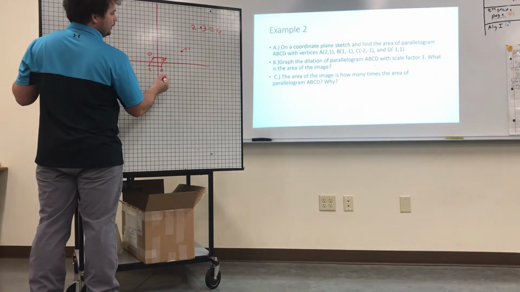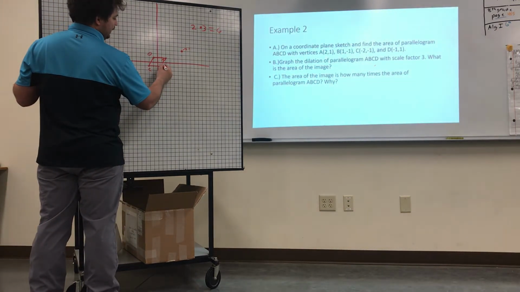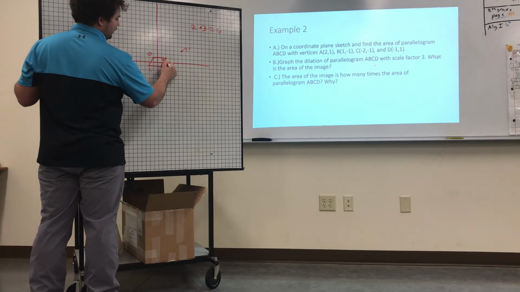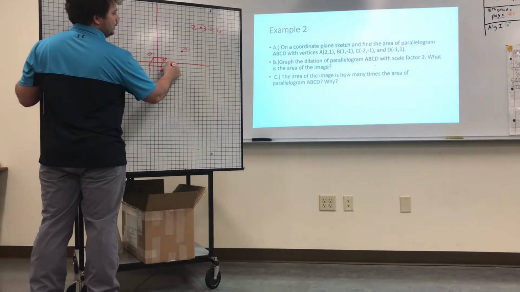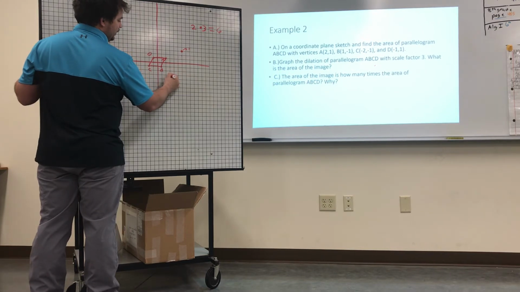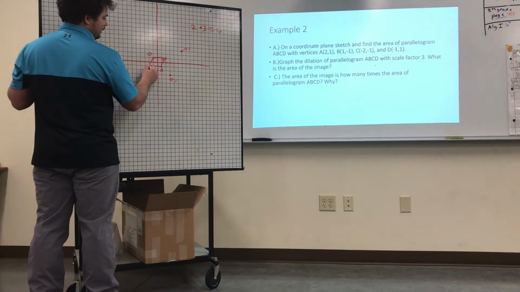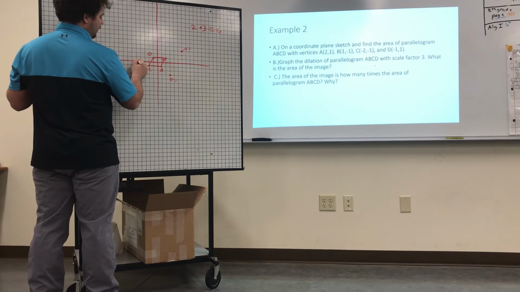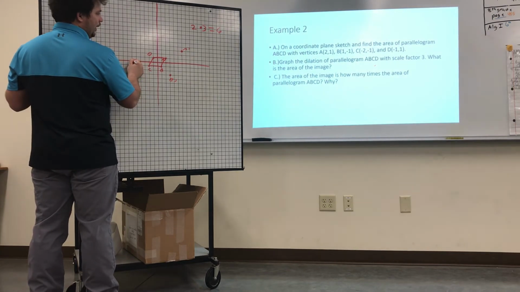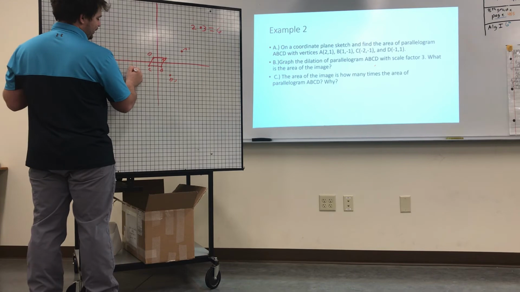Alright, B is going to be (3, -3), 1, 2, 3. And it is going to be -3, 1, 2, 3. There's going to be my B prime. Alright, C is going to be at -6, and it's going to be at -3, 1, 2, 3.